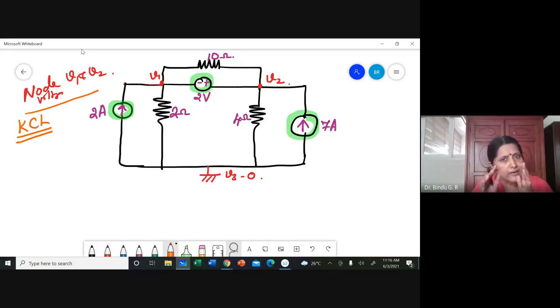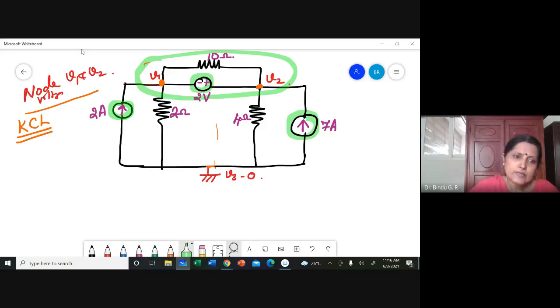But because a voltage source comes in, and this voltage source is connected between two non-reference node voltages and not directly to the reference, this means there is a super node occurring there. This is a super node together.